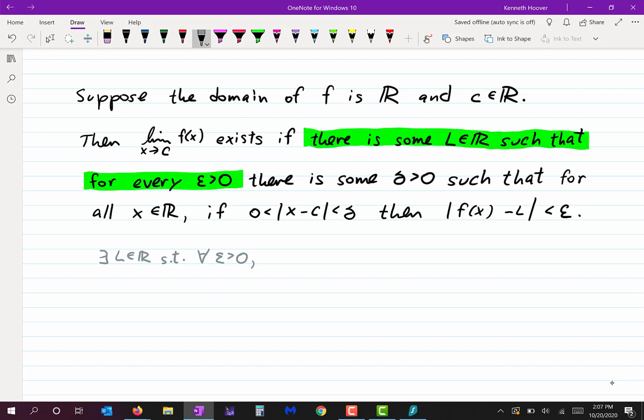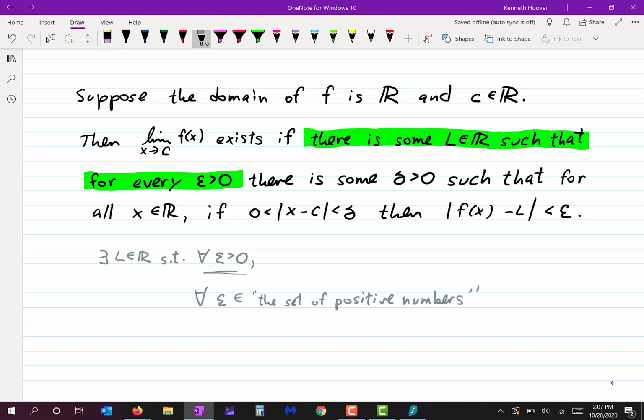Also, notice that this doesn't say epsilon is in something. It says epsilon is greater than 0. That's just a fancy way of saying epsilon is in the set of positive numbers.